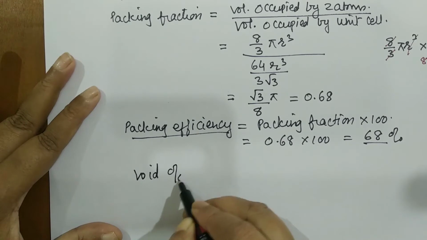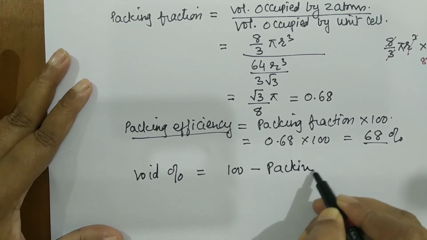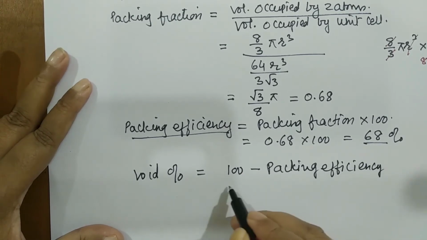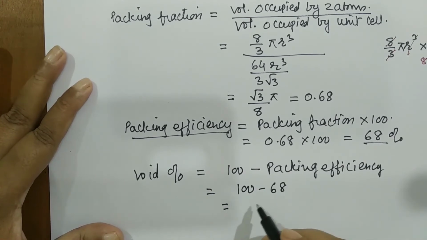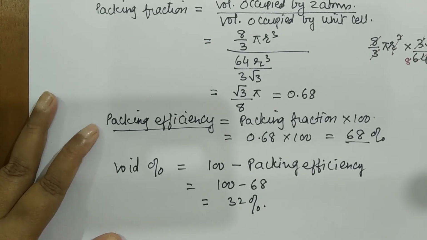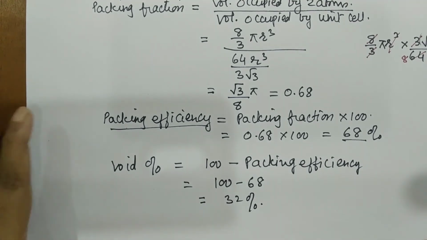So void percent for BCC is 100 minus the packing efficiency, that is 100 minus 68. So here you get 32%. So more is the packing efficiency, harder is the crystal; more is the void percent, softer is the crystal. So this is how you analyze.